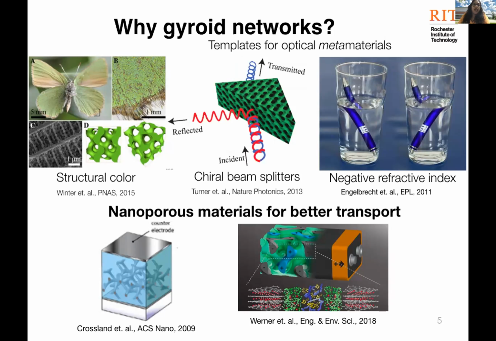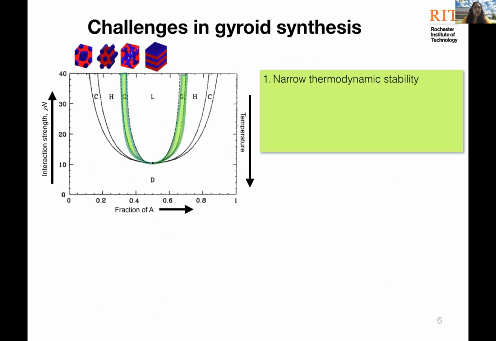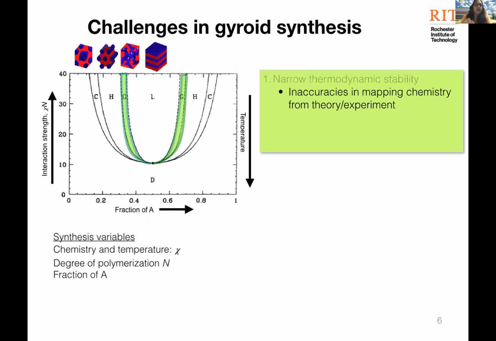But again, coming back to the phase diagram, it's bad news. You have this entire phase diagram, but the gyroid phase is only stable in 5% of the region. So practically, this narrow thermodynamic stability means any inaccuracies in mapping these exact parameters will lead to incorrect synthesis, right? And once you synthesize something, then you cannot really move in the phase diagram left and right.